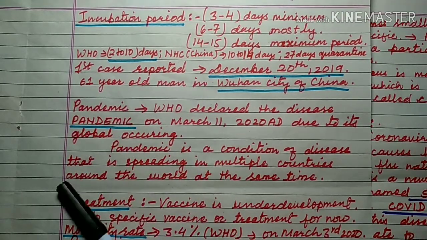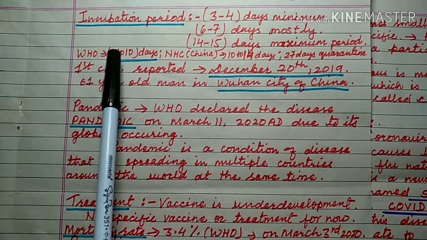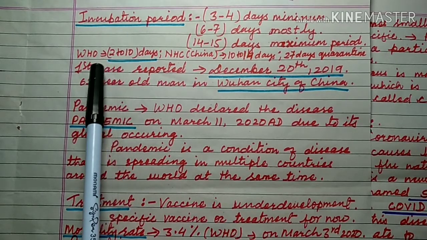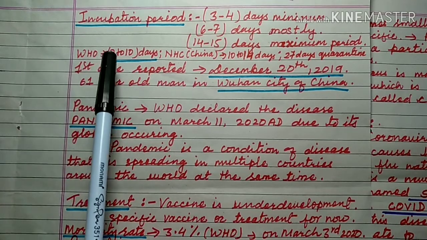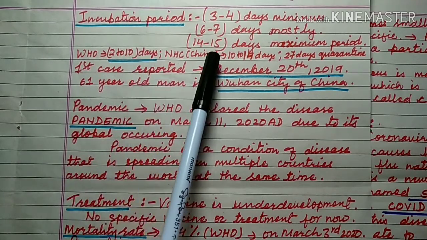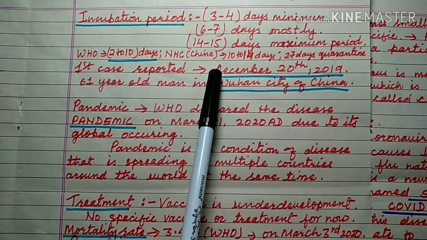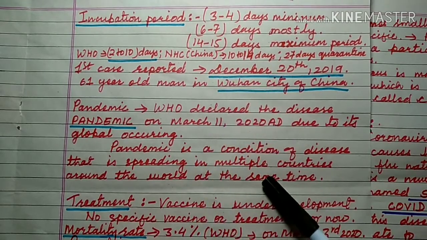WHO has given this standard: 2 to 10 days incubation period. Symptoms start appearing between 2 to 10 days. According to China NHC, 10 to 14 days, and 27 days quarantine is a must in order to be safe.